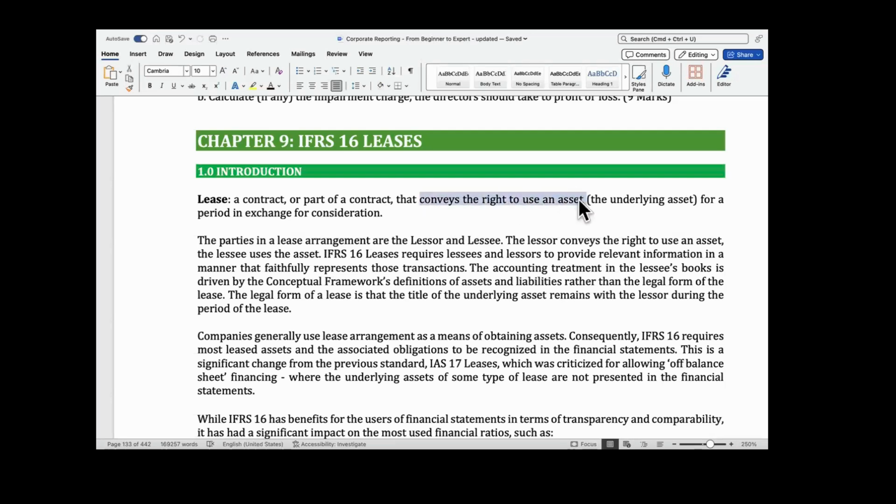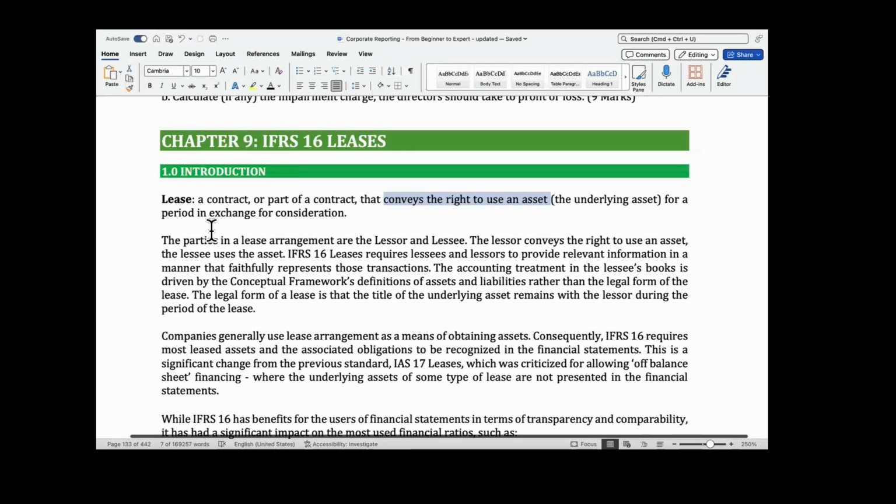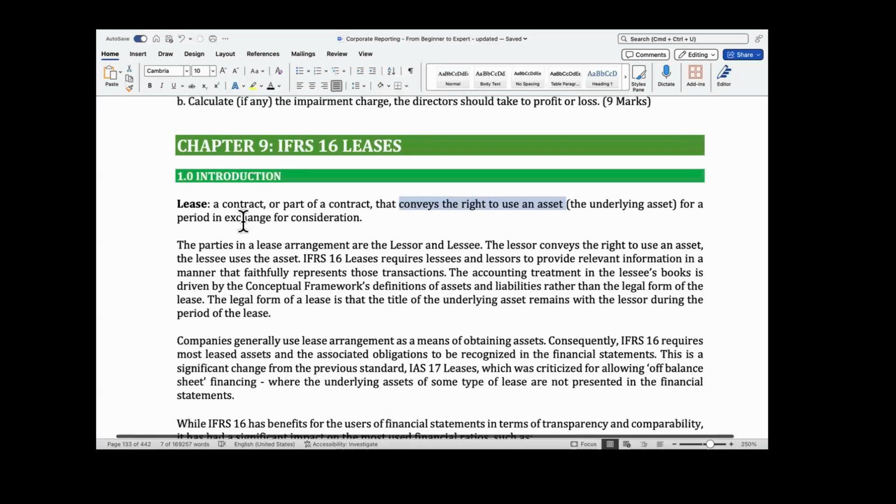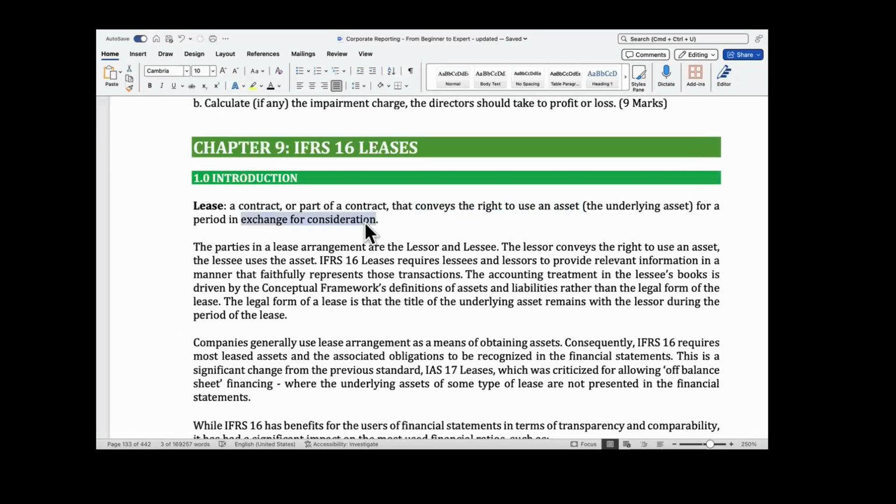Conveying the right to use an asset means that somebody that owns an asset has transferred the right to use that asset to another person, who is not the owner and is the one using that asset. It's usually for a period and is never free.